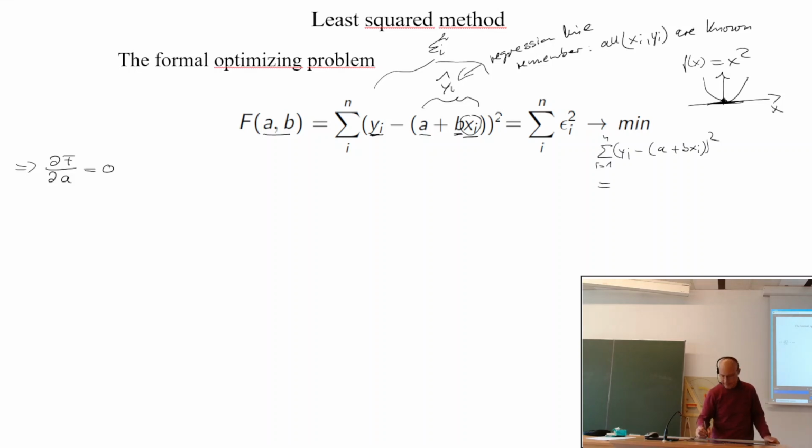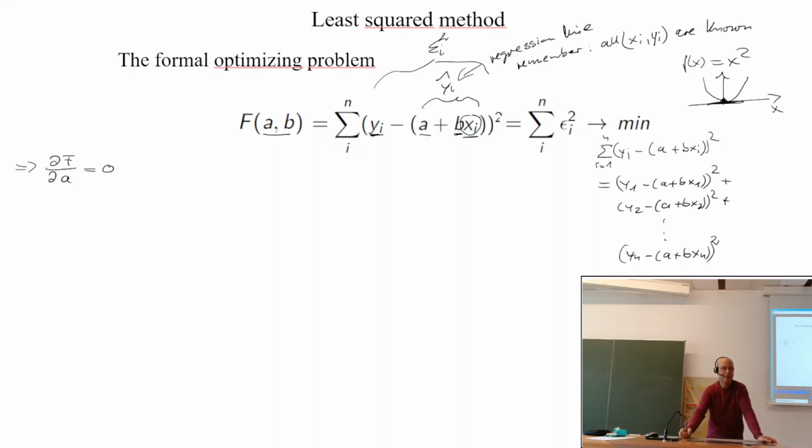This is nothing else than y1 minus a plus bx1 squared plus y2 minus a plus bx2 squared and so on until yn minus a plus bxn in brackets squared. Well, and then you see in every part we have our a and b.